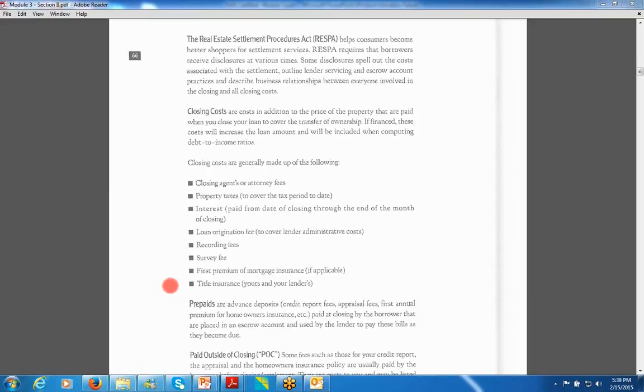What the title company does, and the reason we buy title insurance, is that they issue us a guarantee that this property is free and clear of any encumbrances. Nobody owes anything on it. And if there is some prior issue from a prior owner, the title company is saying that's our issue and we're going to pay for it if it shows up because we've done our due diligence.